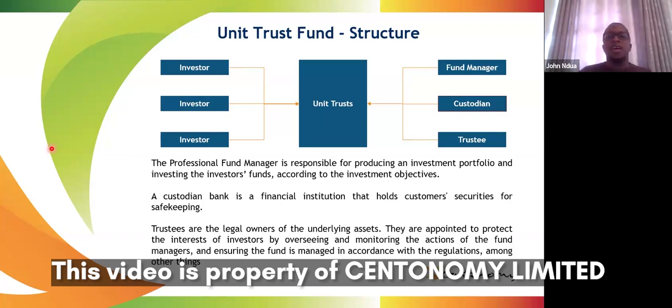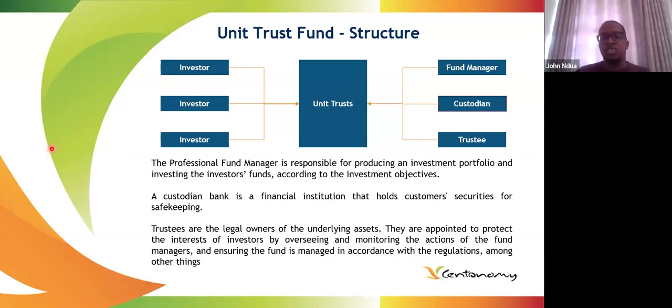And every month, the fund manager is supposed to send a fund fact sheet, which stipulates the performance of the fund for that month and gives an economic indicator or commentary on what is happening in the economy. And they're supposed to send it to the investors.